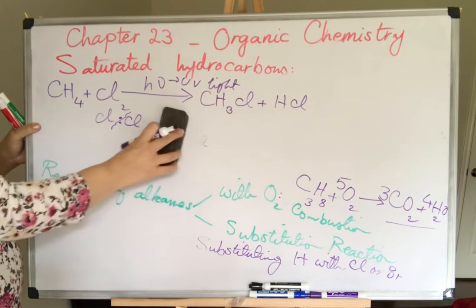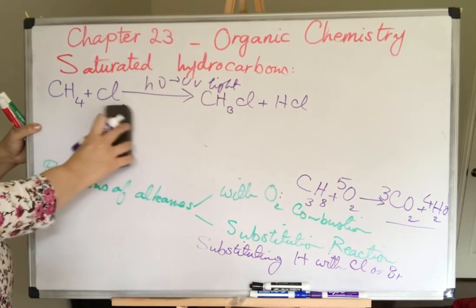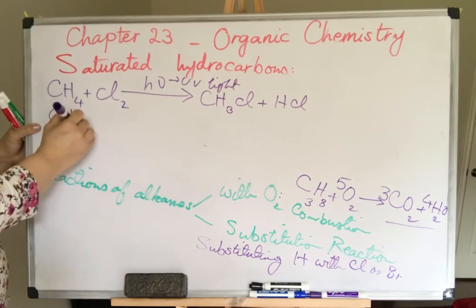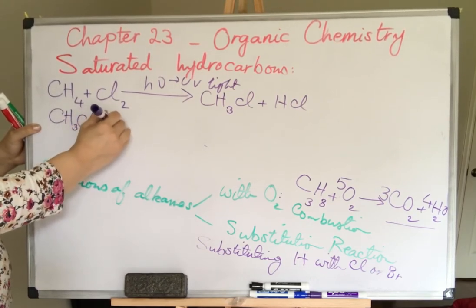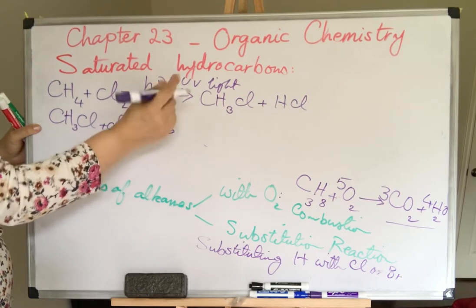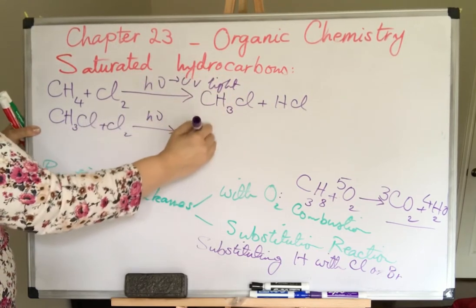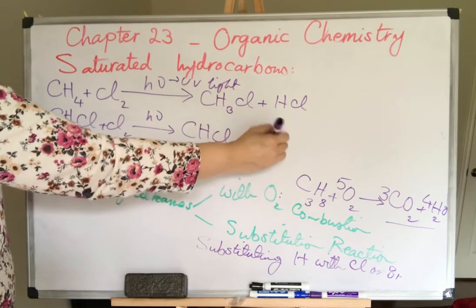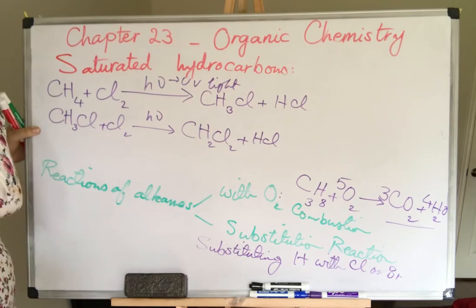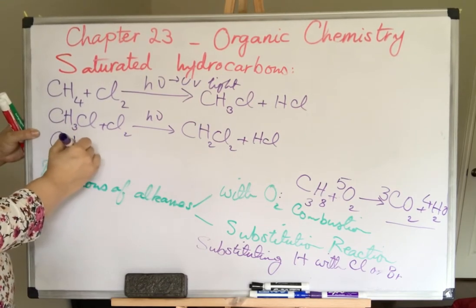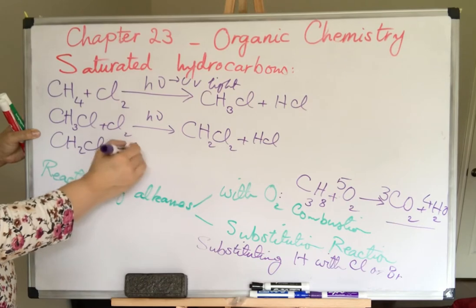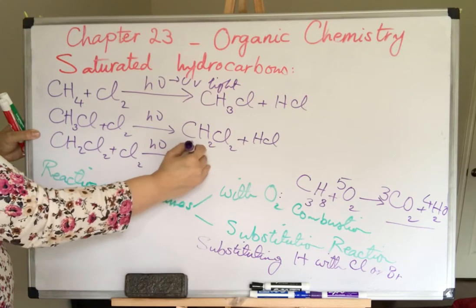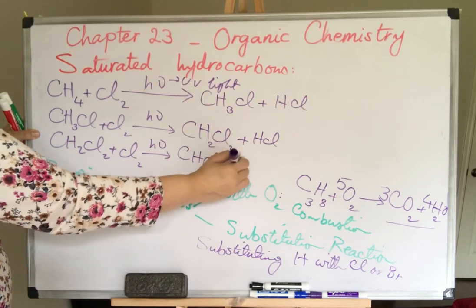So you can have more than one hydrogen substituted. If you add this again to Cl2, if you keep radiating the UV light, then you will have 2 hydrogens substituted by 2 chlorines, and the second HCl compound will be forming. Then CH2Cl2 plus Cl2 in the presence of light is going to be CHCl3 plus HCl.